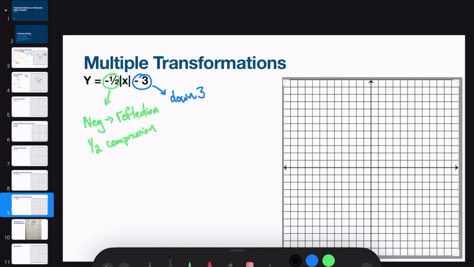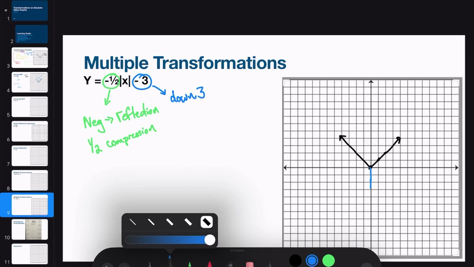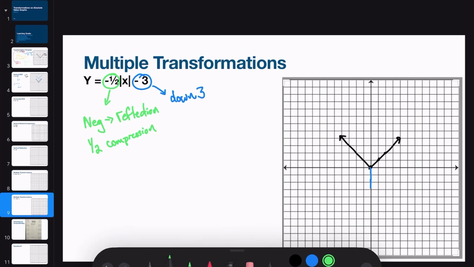So my parent, always right here, starts at the origin, with slope in both directions of 1 and -1. Let's move it first. We're going to move it down 3: 1, 2, 3. Our new origin is there. Now we need to reflect it and do a slope.